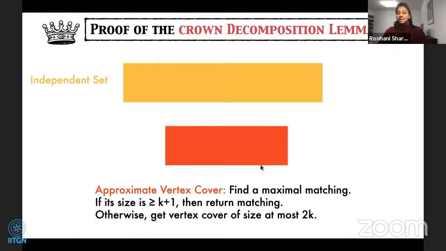So let this red set correspond to this vertex cover, and I'm denoting that set by M. And now, if this is the vertex cover in the graph, then the remaining graph, which I've denoted by yellow right now, will be an independent set. So now our goal will be to find some crown sitting inside the yellow set and some head sitting inside the red set. And let's proceed.